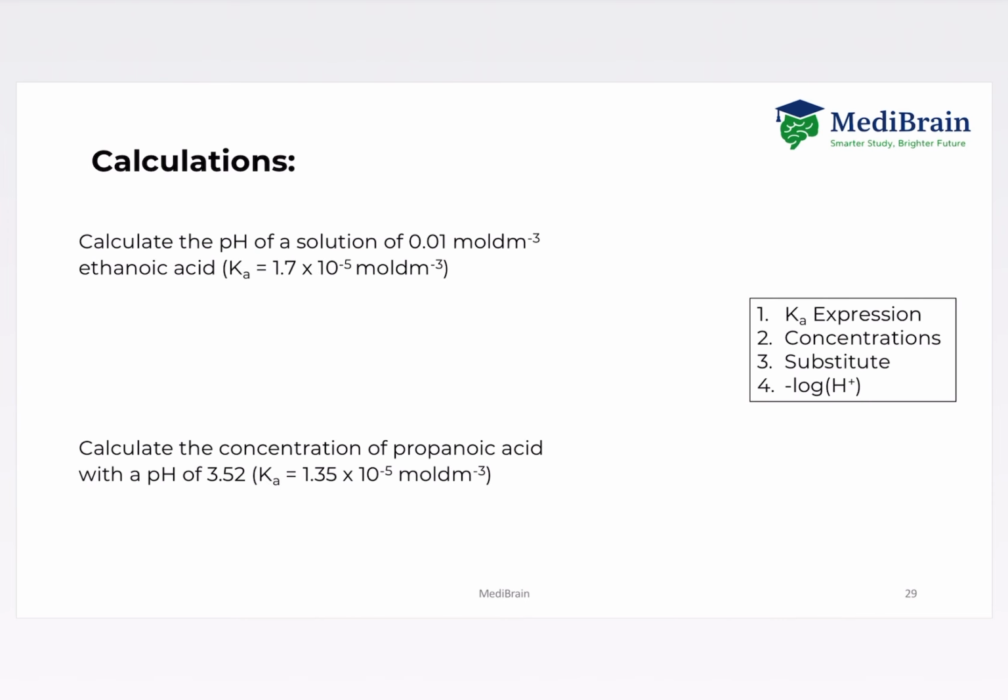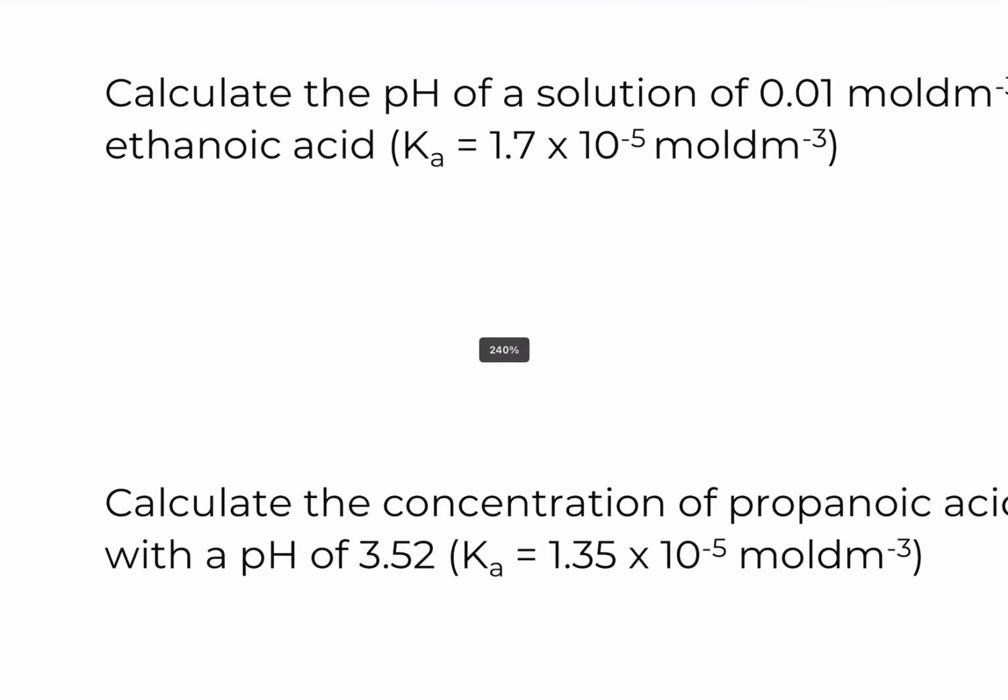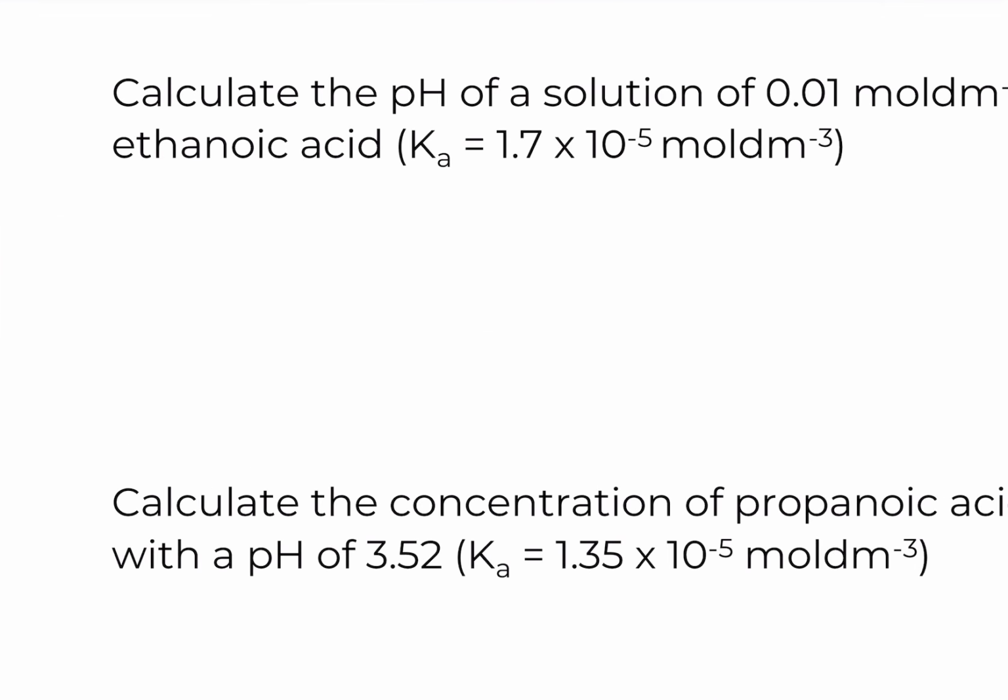Okay, now if you start off looking at calculations, so it says calculate the pH of a solution of 0.01 mole per dm cubed of ethanoic acid. Okay, and we're given the Ka, so we know that we need to be using the Ka expression somewhere, and because it's a weak acid, what you must know is that the concentration of H plus and A minus is going to be the same.